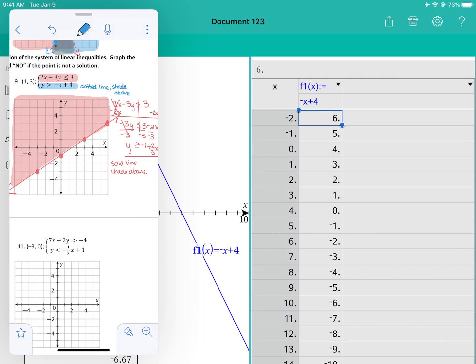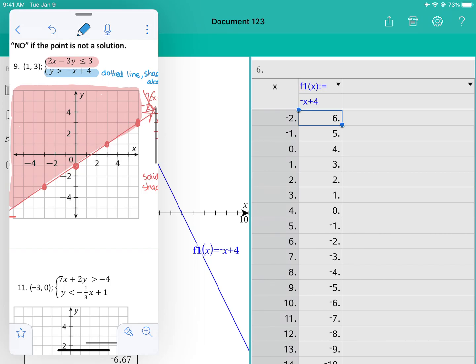-2, +6, which is up here. -1, +5, which is here. 0, 4, 1, 3, 2, 2, 3, 1, 4, 0, 5, -1.